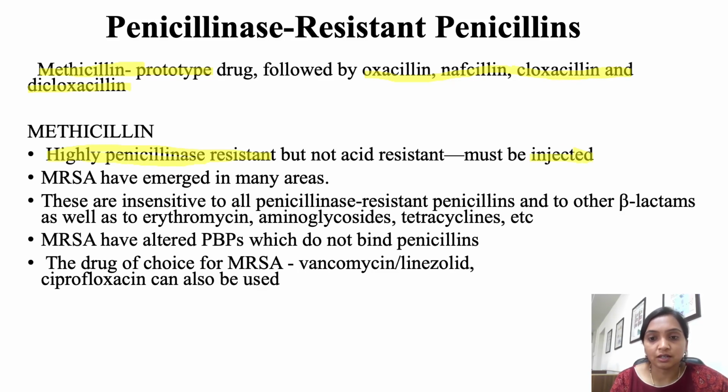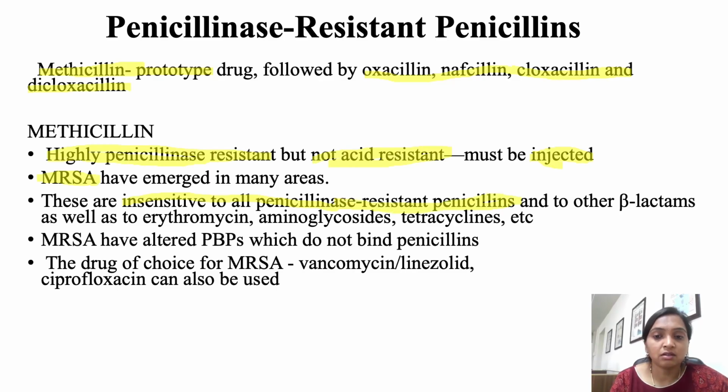It is an injectable drug because it is not acid resistant. All these are important points. Nowadays many organisms have become MRSA, that is methicillin resistant Staphylococcus aureus. Staphylococcus is one of the important uses of penicillins, but many Staphylococcus have started producing methicillinase. Once they are MRSA, they will become insensitive to all penicillinase resistant penicillins.